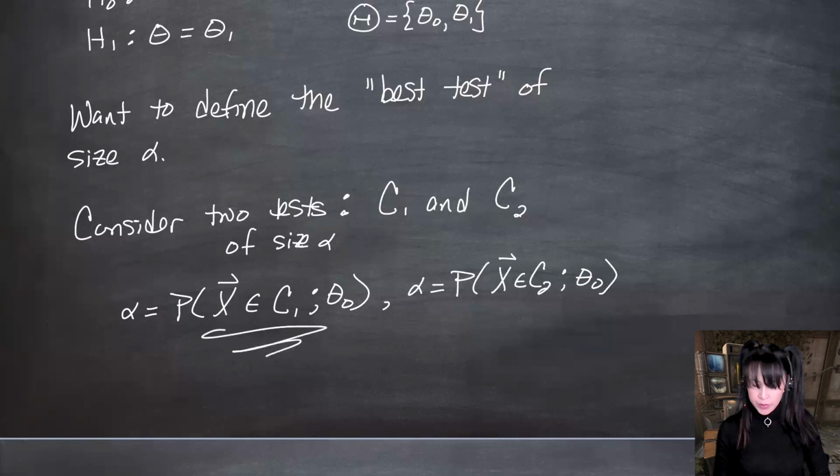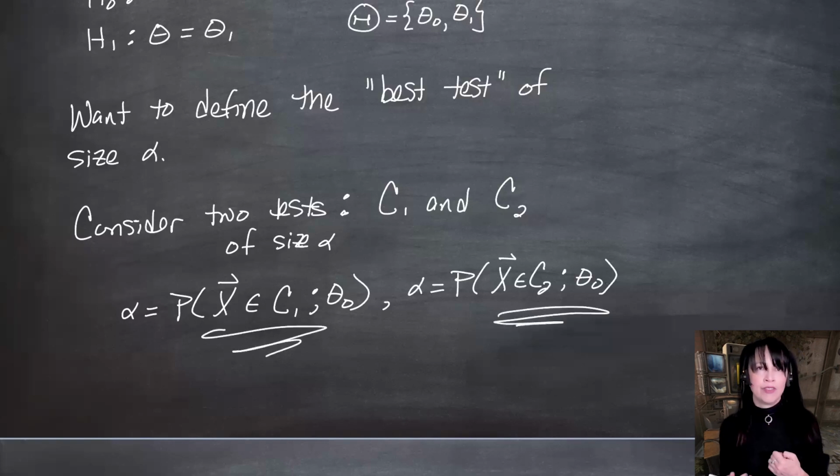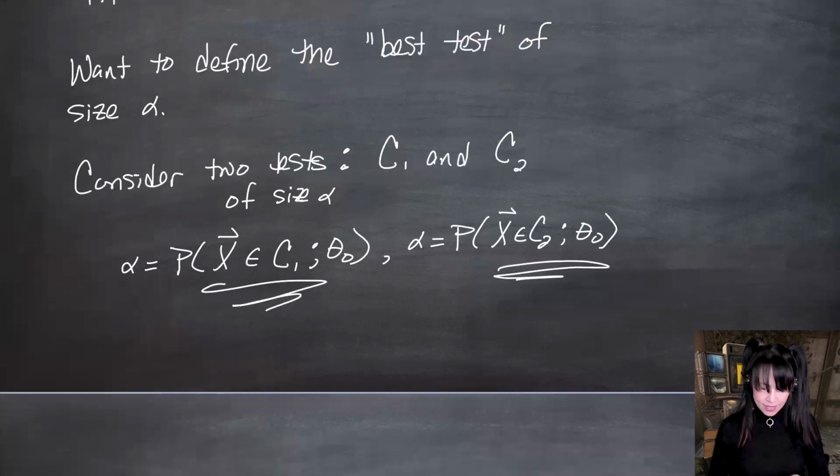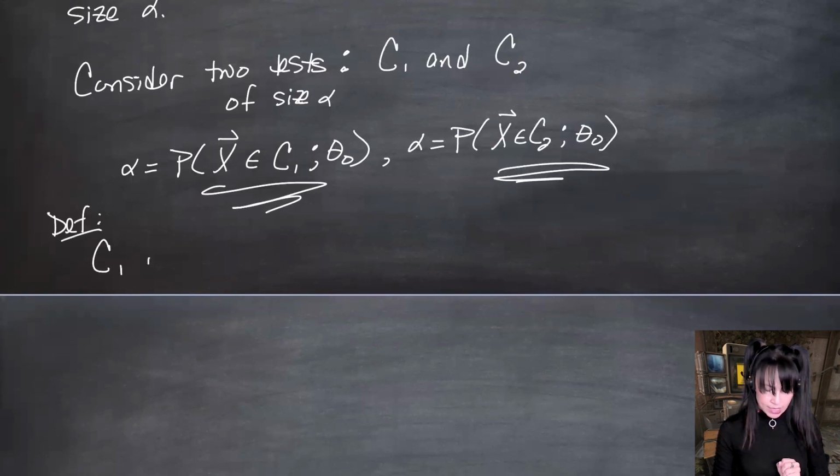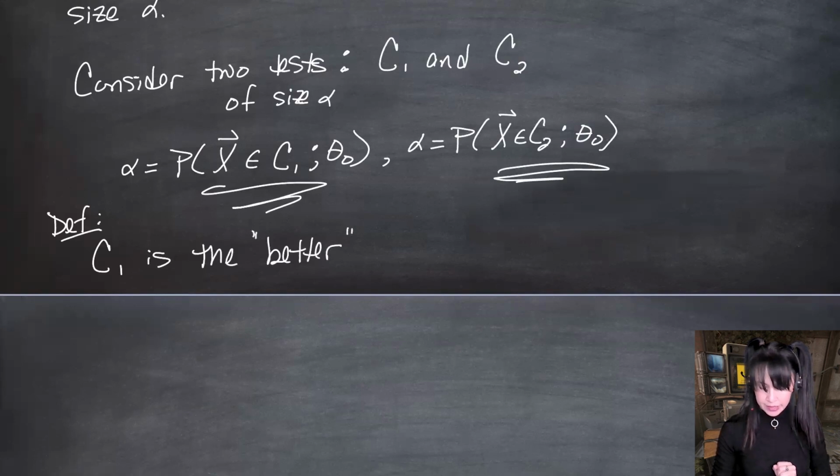So I want to rewrite these probabilities with theta ones instead of theta naughts. And so let's say that C1, we're going to define right now, C1 is the better test if.